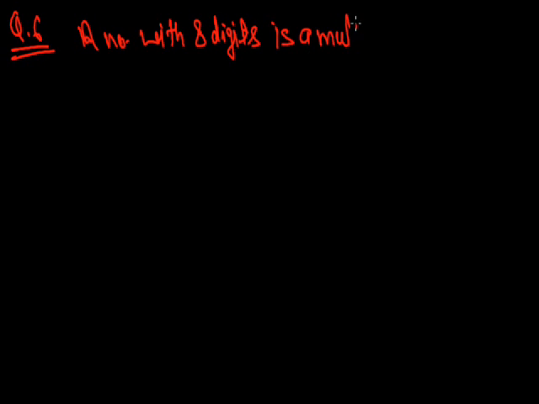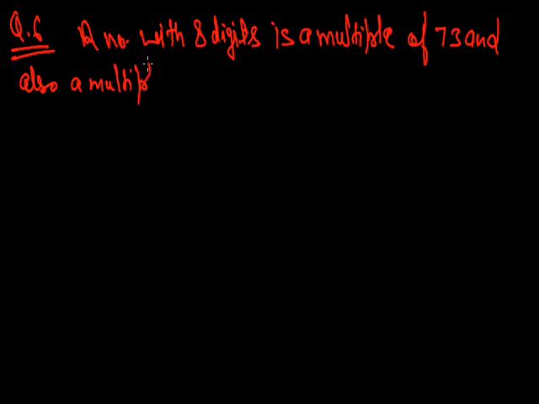Question number 6: a number with 8 digits is a multiple of 73 and also a multiple of 137. Find the second digit from the left.